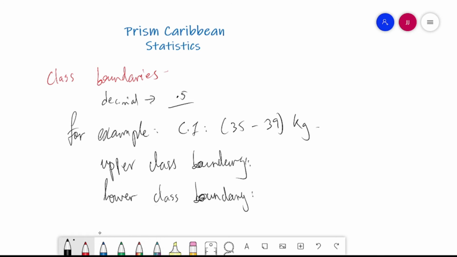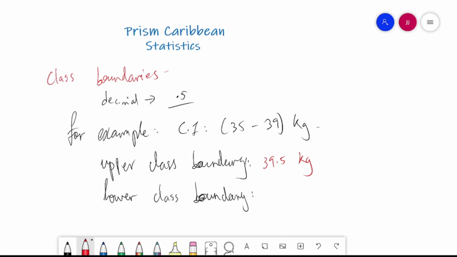Of course it can be either 0.5 more or 0.5 less. We're dealing with the upper class first: 0.5 more will be 39.5 kilograms. The lower class boundary will be 0.5 less.